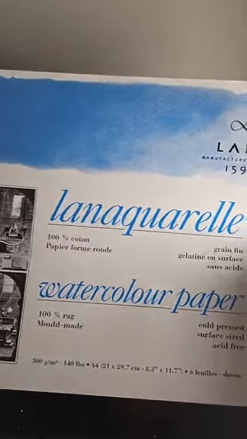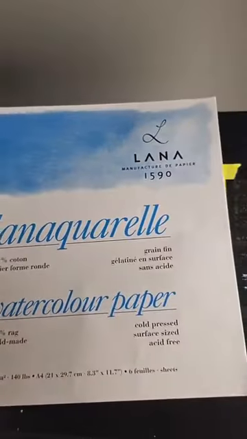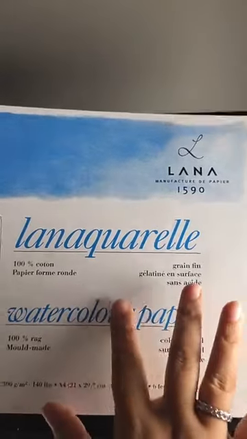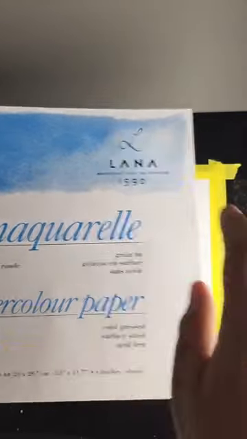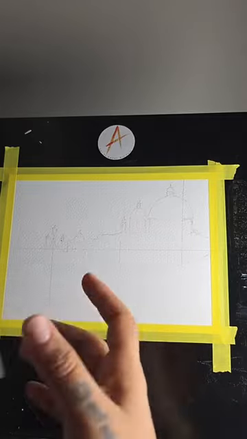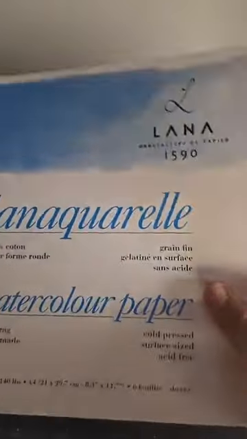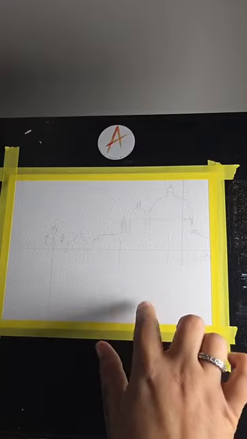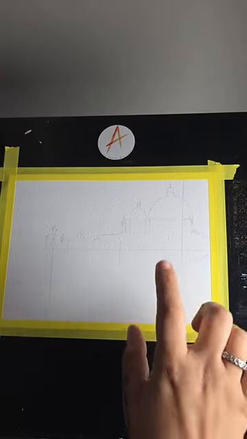This is 100% cotton, very good quality paper. And this is rough, not cold pressed. This is a cold pressed paper, but this is not a cold pressed paper. This is a rough paper, 100% cotton.